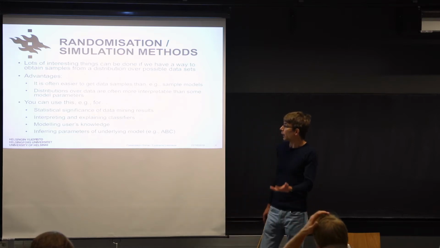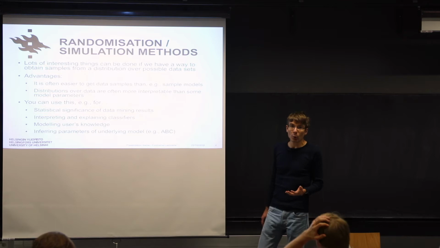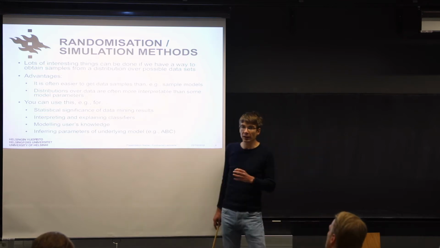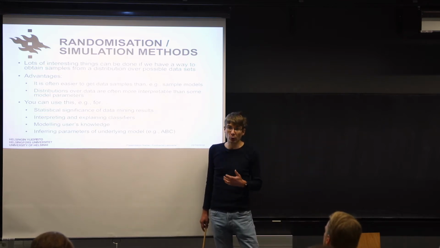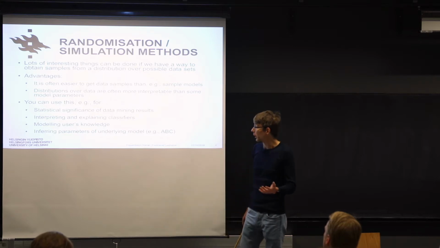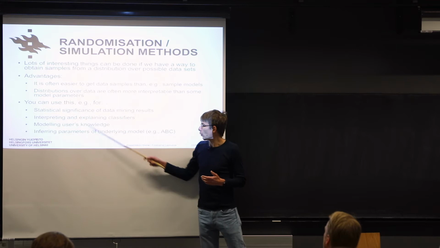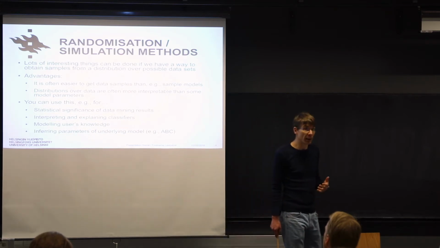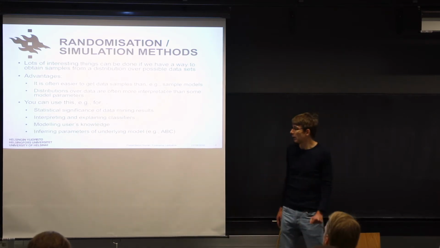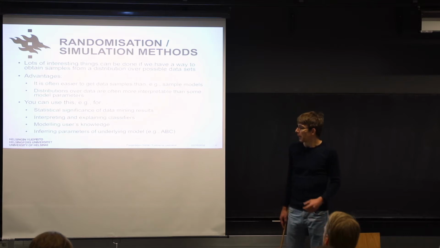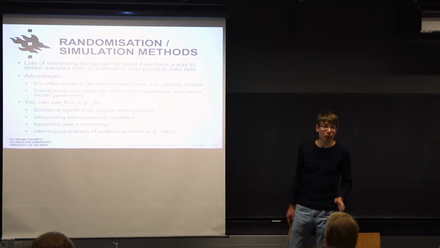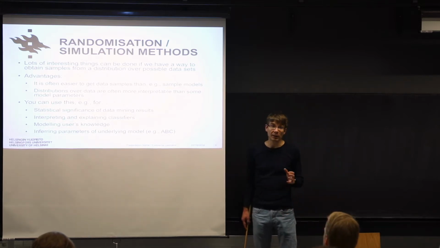Now if we have this way of getting random samples from some distributions whose parameters we can control, then we can do lots of interesting things. We can obtain statistical significance for our data mining results, and this is something that we have been doing quite a lot. And nowadays it's very fashionable to interpret or explain classifiers.